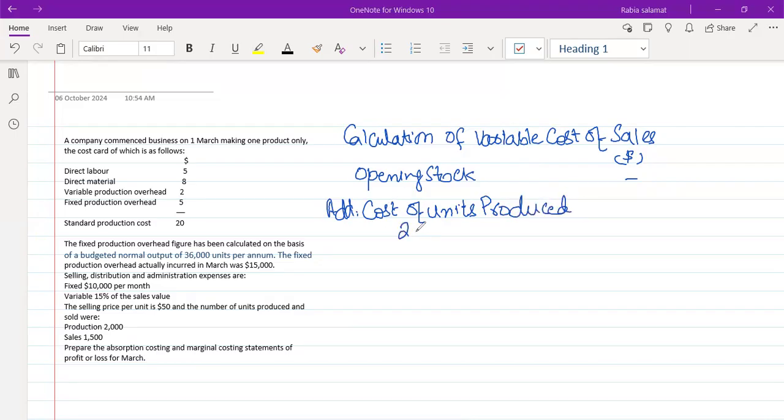We produced 2000 units and per unit cost is 15. So we will get 30,000. 30,000 is the cost of units to be sold.